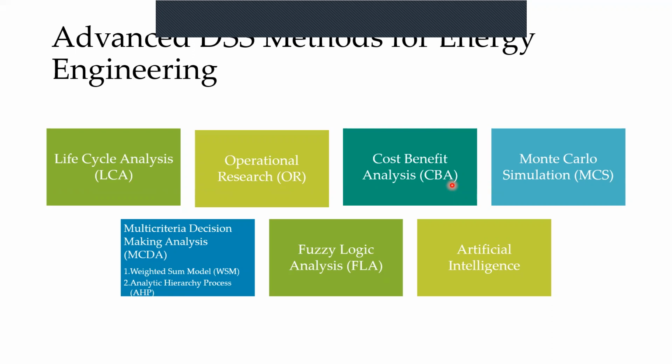If the benefit is greater than the cost, then that means the project, or whatever we're deciding on, can be pursued. For Monte Carlo simulation, in this method, random sampling is done together with statistical analysis.